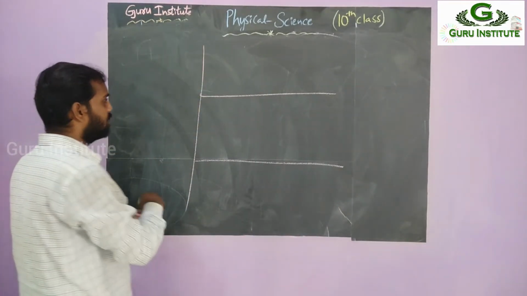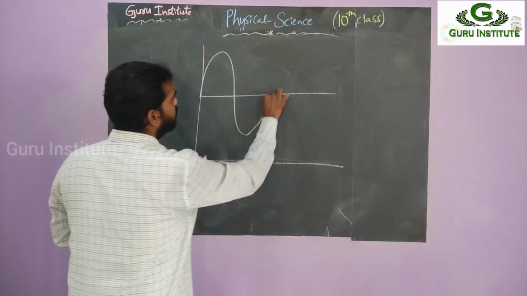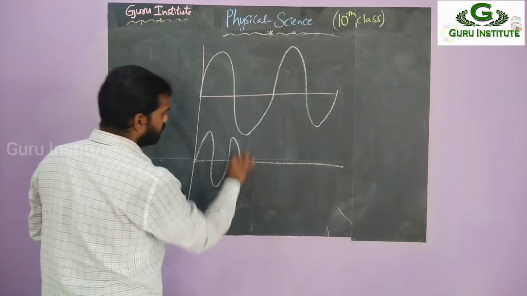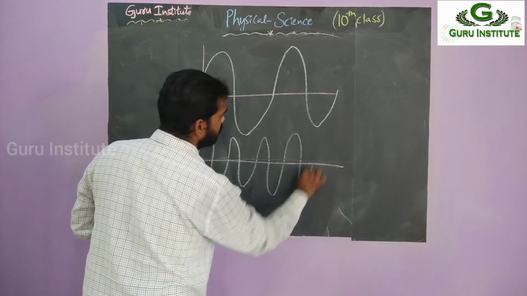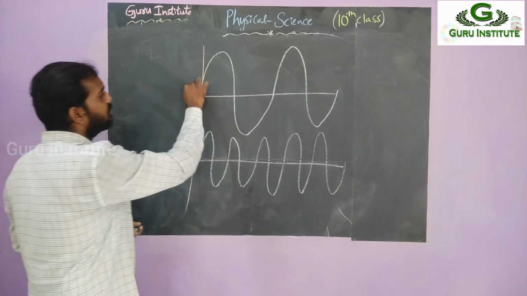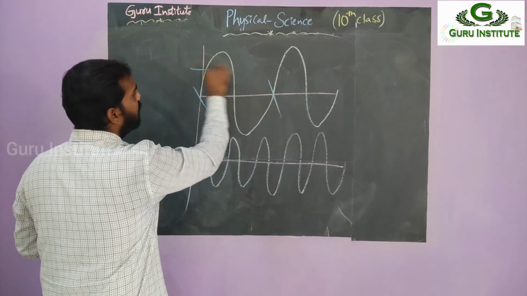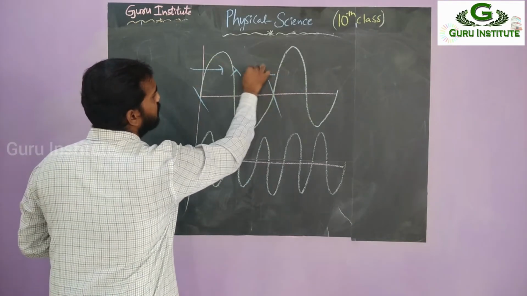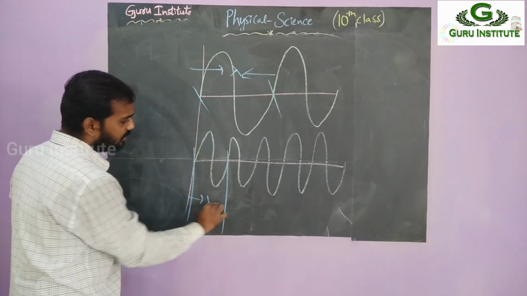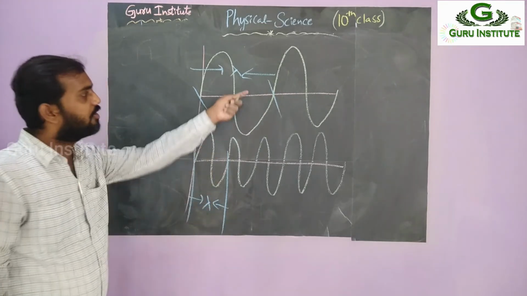This is one wave and this is another wave. What is the lambda here? From here to here, this is the lambda. And here, this is the lambda. So here the wavelength is less, here the wavelength is more.